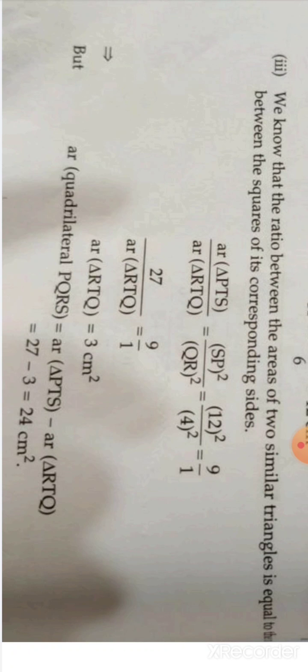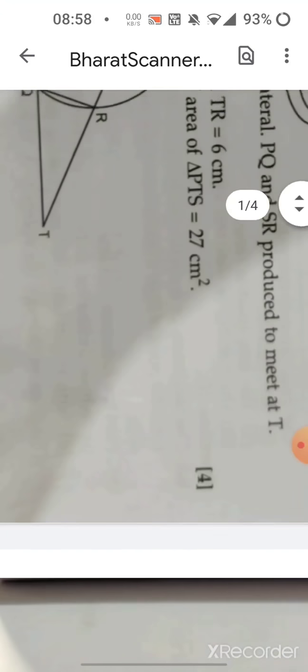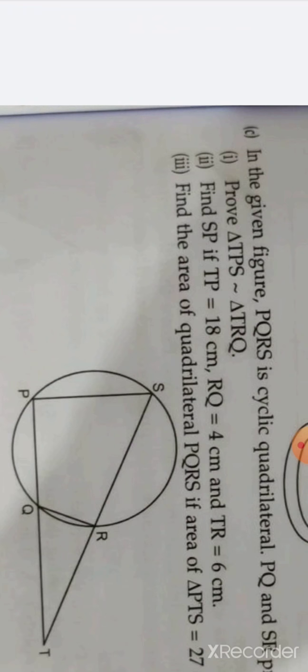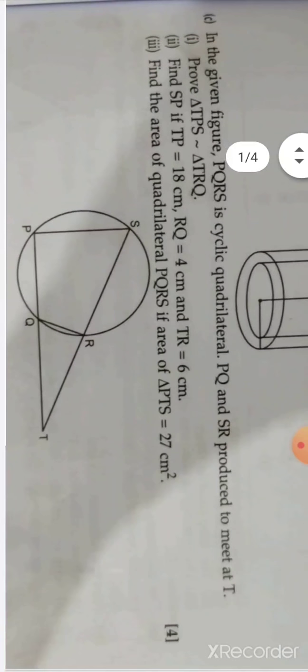So 27 minus 3 is 24 centimeter square, which is our answer of question 6C part also. Here a prove that type question we are not having, but finding SP and the area of quadrilateral PQRS can be asked in the exam. This is the 4-mark question. So here we have completed our question 6.